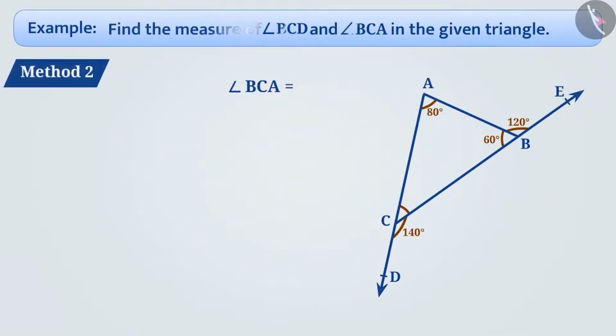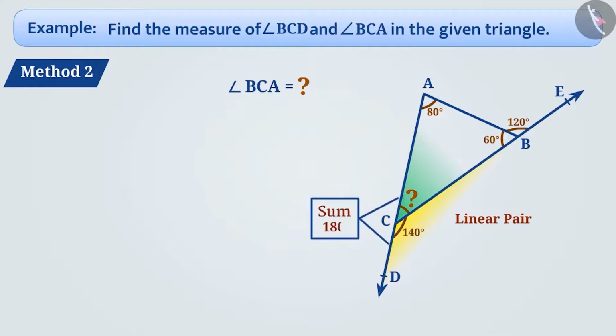We can find the measure of angle BCA using another method. As you can see here, angle BCD and angle BCA form a linear pair. So, their sum will be 180 degrees. Angle BCD plus angle BCA is equal to 180 degrees.